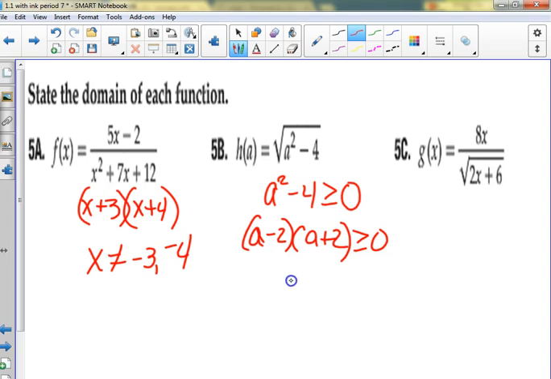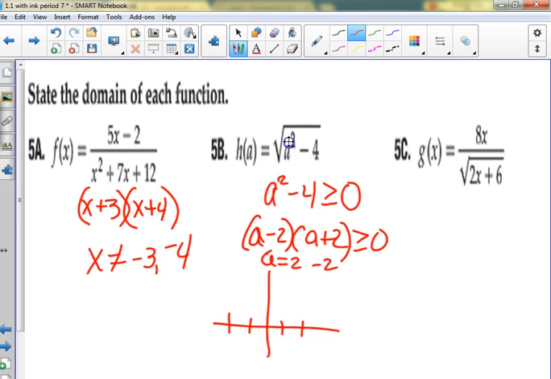This one would be helpful to graph, probably. If you were looking at this, it says we have x equals 2 or negative 2. And we're trying to figure out whether it's values outside of that or inside of those, or where does it actually work.